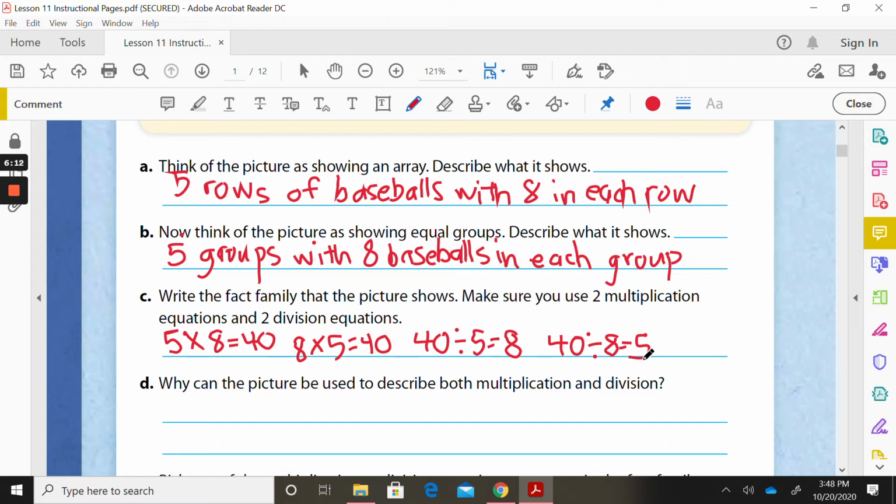Why can the picture be used to describe both multiplication and division? Well, the picture shows 40 baseballs. So you can think about this as you are multiplying to find a total, which is you're getting a larger number, or you can think about it as dividing it into groups as we did with our circles. So it can be used for both because we can look at the total of 40. There are 40 baseballs.